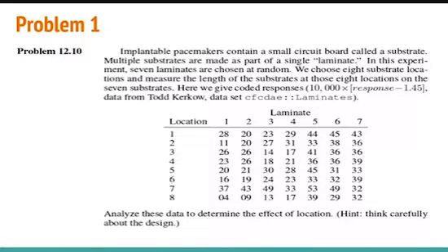The laminate here is basically going to act as a block effect. So I'm still talking about one-way analysis of variance with blocking effect. You're going to test the effect of location, you're going to test the effect of laminate, but we're not that interested in the effect of laminates in problem 1.